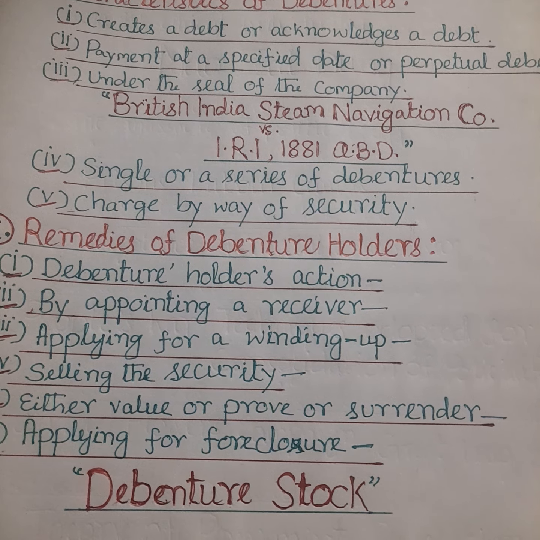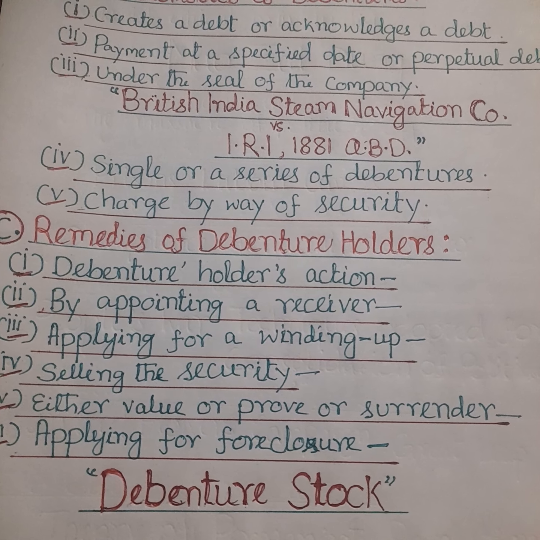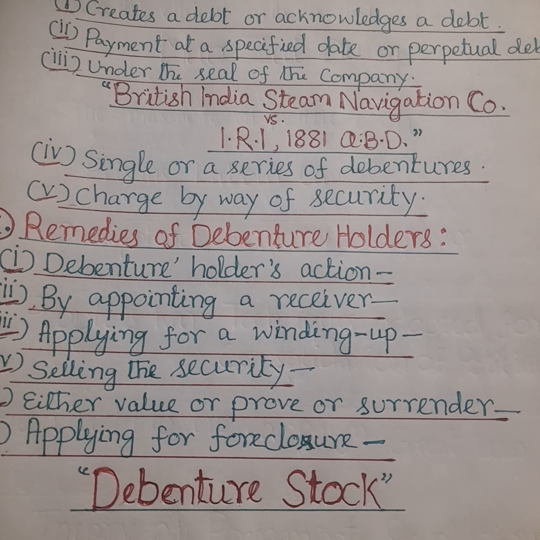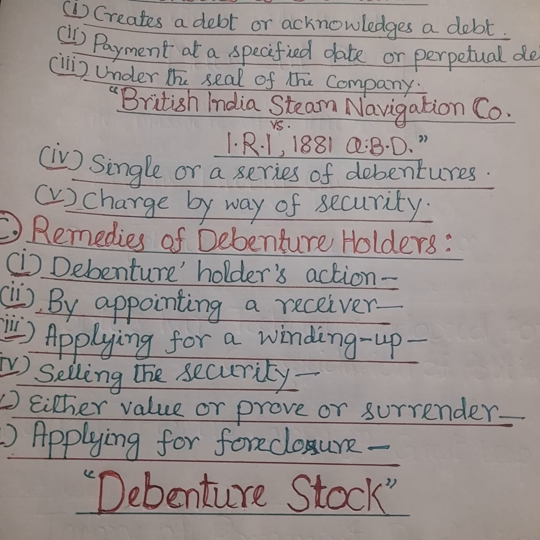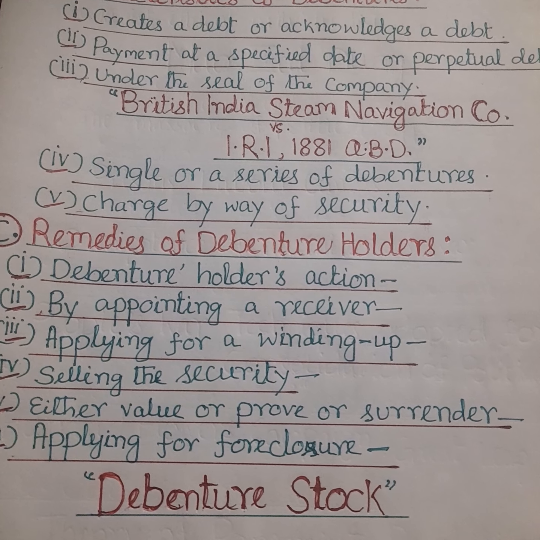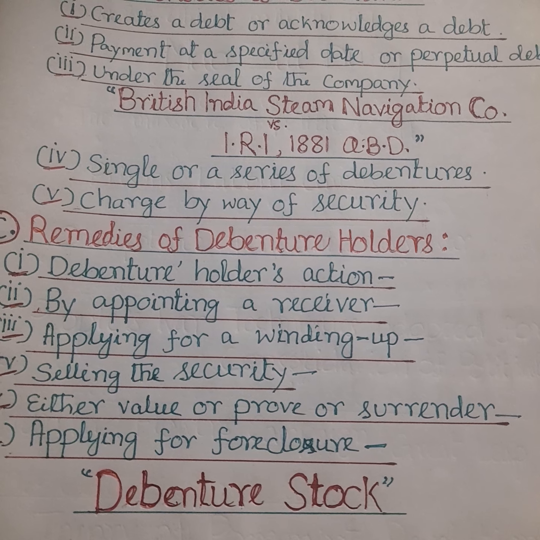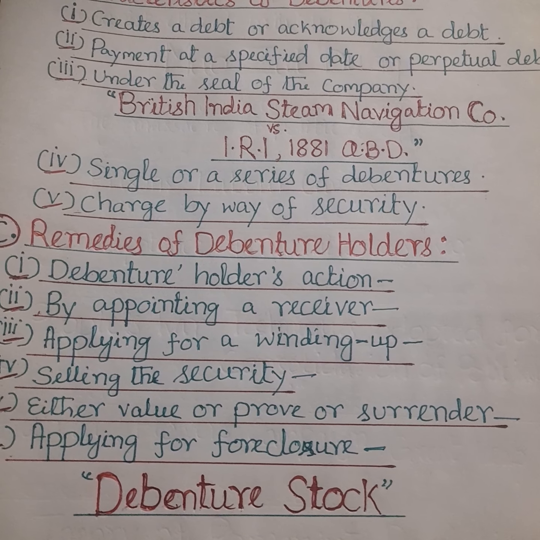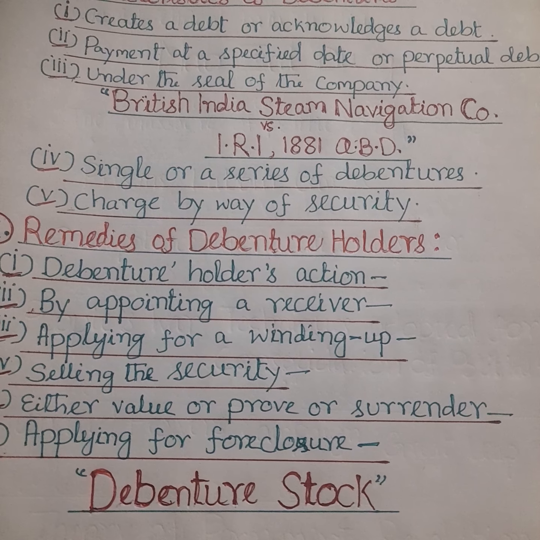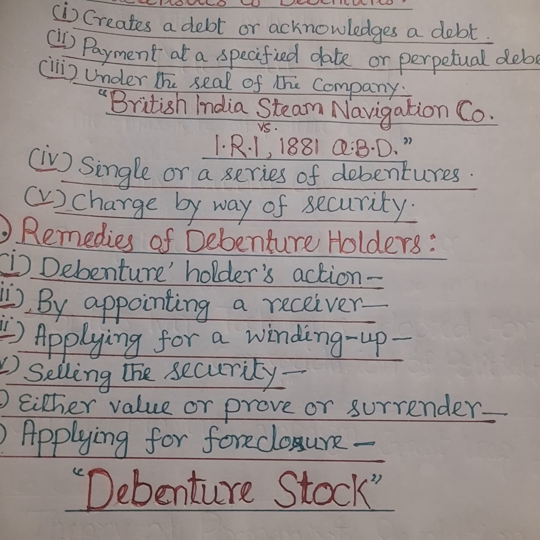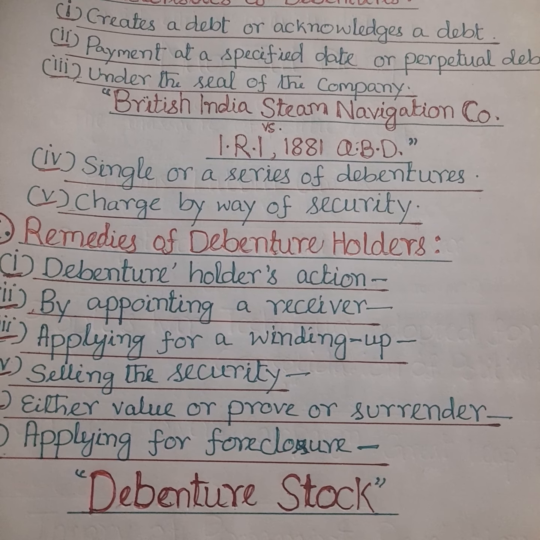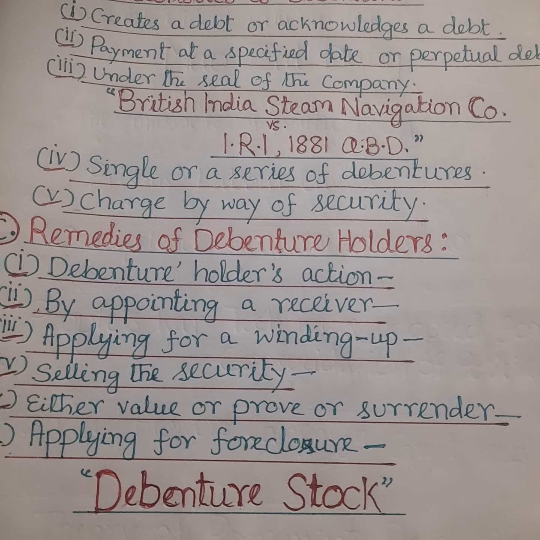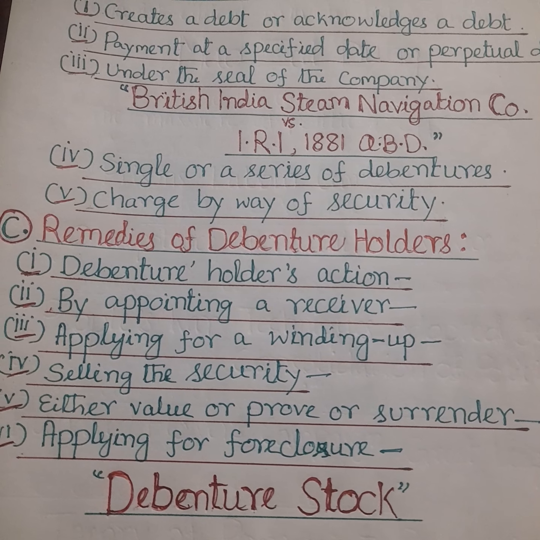And the third remedy available to debenture holders is that a debenture holder may apply for a winding up of the company, giving the creditor the amount of his principal and of the interest payable to him direct and not to his trustee.